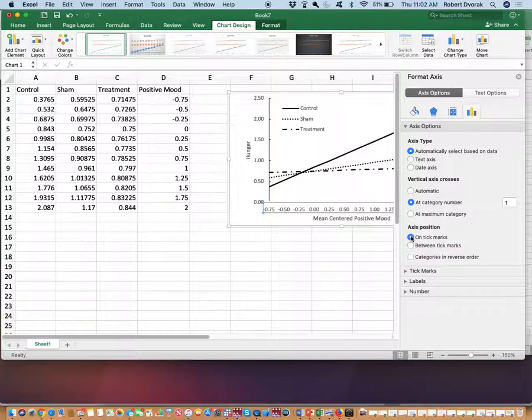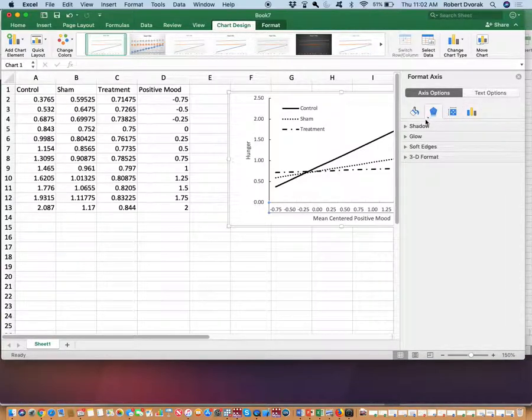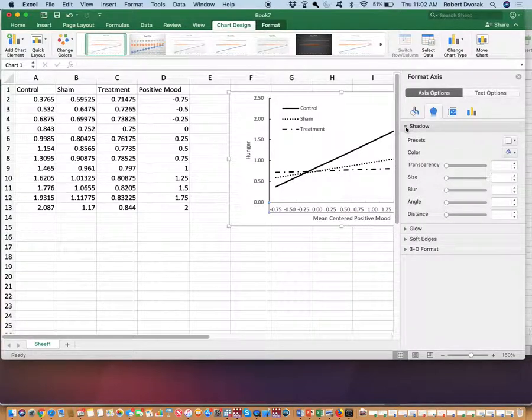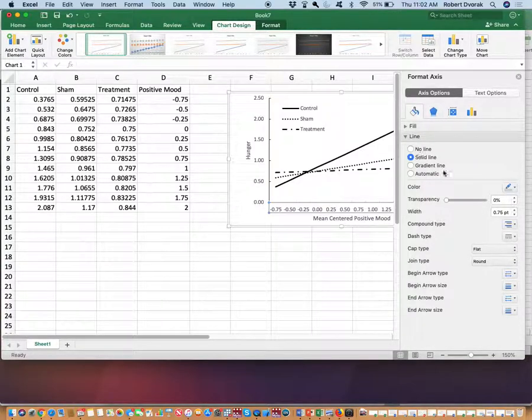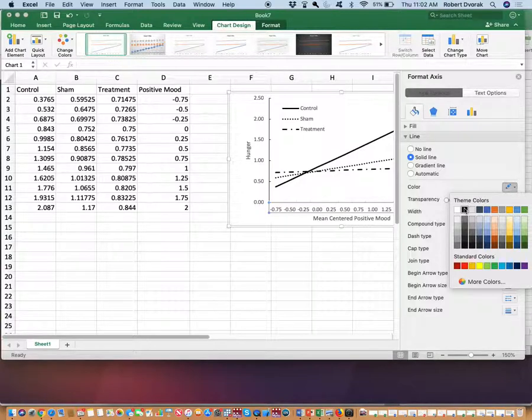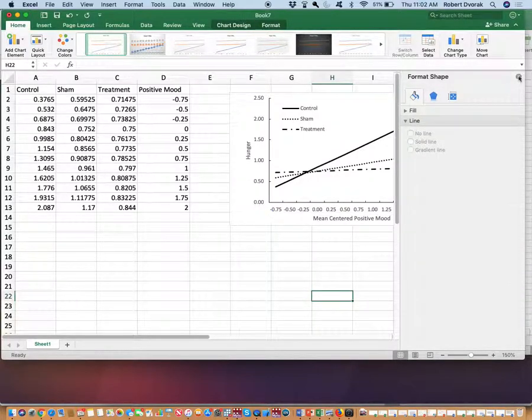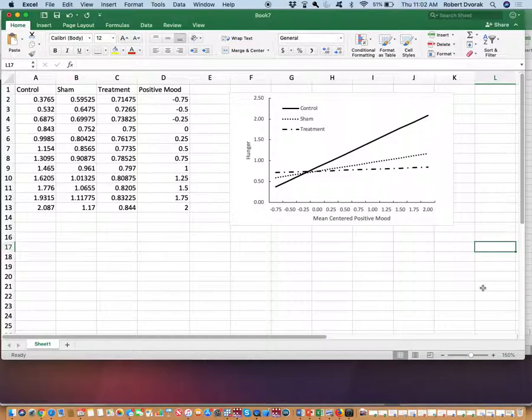Oh, is that it? So, what am I doing wrong here? Where do I go somewhere in here? No, that's not. Oh, right here. There we go. Solid line. Aha. Ta-da. And that looks like a fairly decent APA style figure.